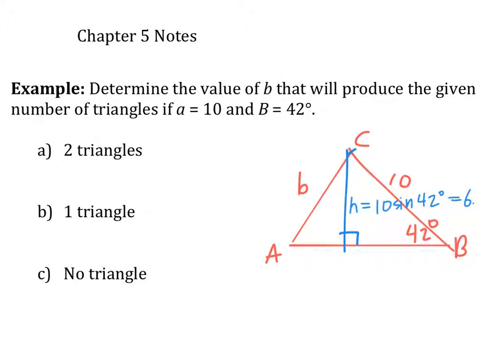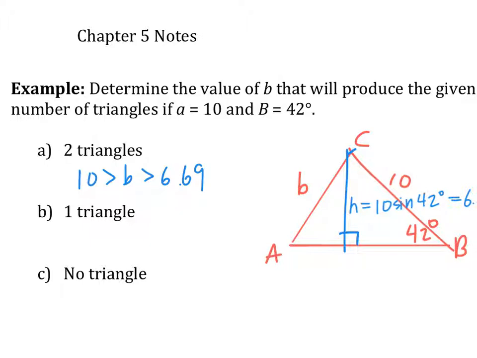Small a is 10, so 10 is greater than B, and B is greater than 6.69. So basically B has to be in between 10, which is the longest side, and the altitude.